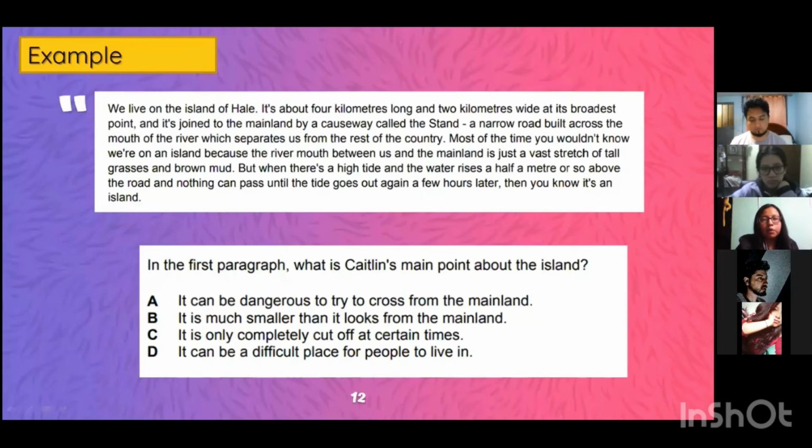As an example, we have this short paragraph, and in the question, the most important parts are main point and Iceland. And here we have the important part of the paragraph, so the answer is the letter C.